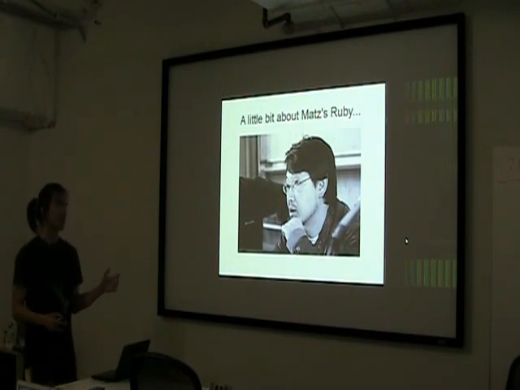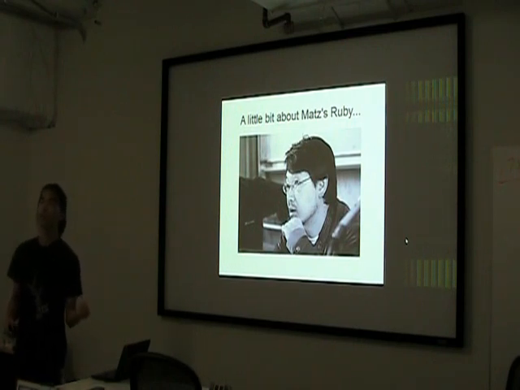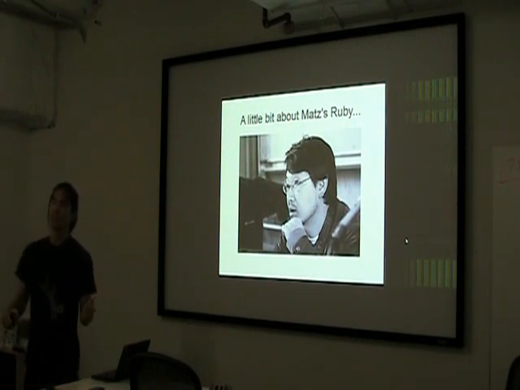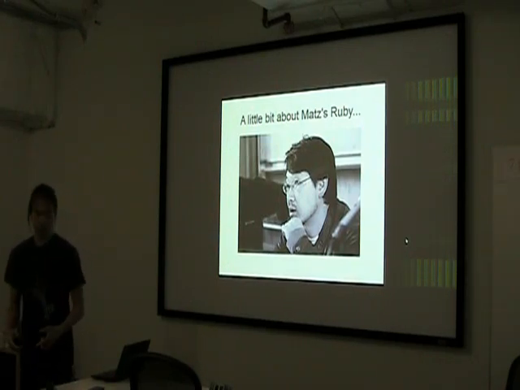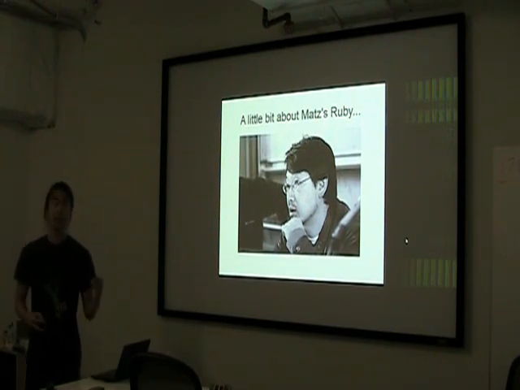But you have to remember that Ruby scripts, Ruby programs, are basically just text files. And then a program actually has to go through that text file and decide what it means for the computer. And the original interpreter was written in C.